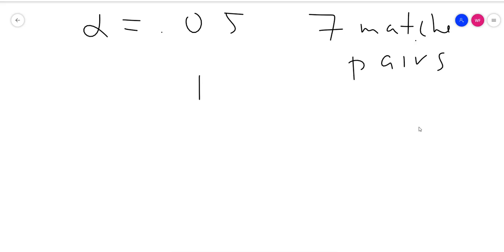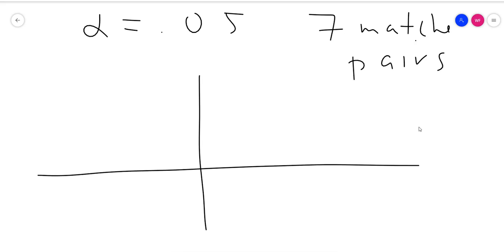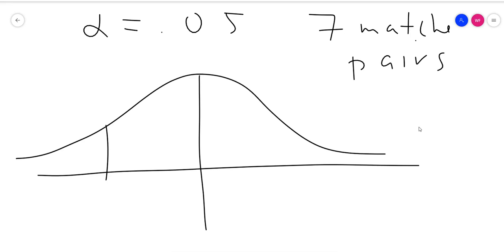Now here's the picture that goes with this. The critical t-values would be here and here. I'll call it t-crit. And here's t-crit. Now there's 2 of them because it's a 2-tailed test. That's what they ask in the homework.